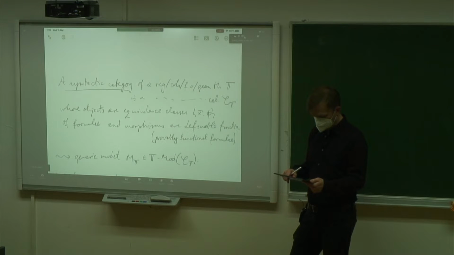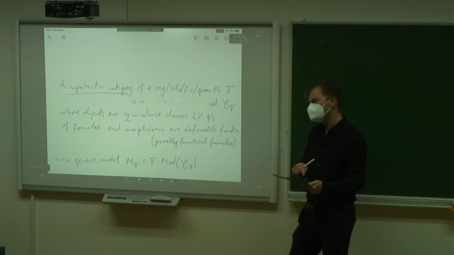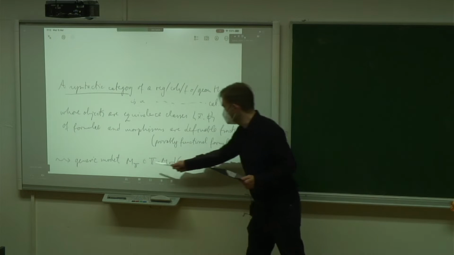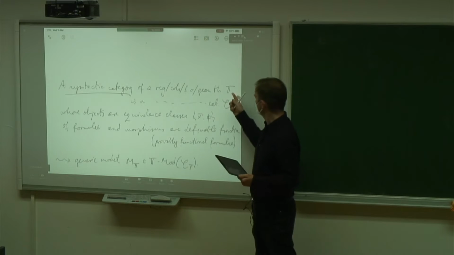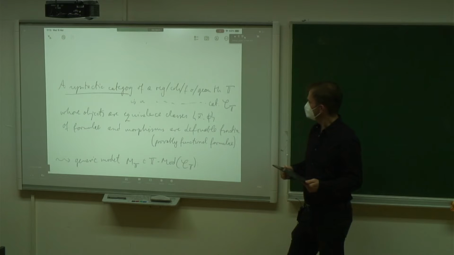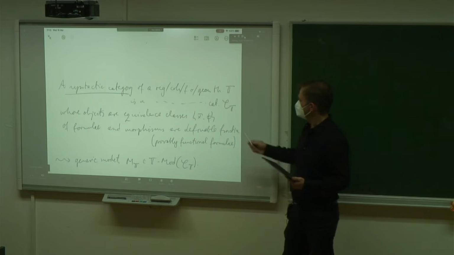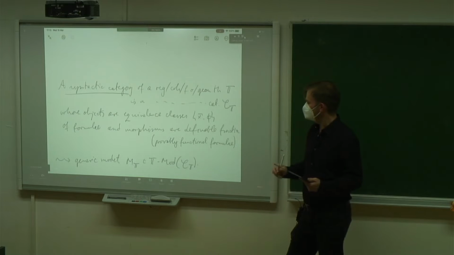And then inside it, you can define in a rather tautological way the generic model M sub T of T. Because you simply take the sequent of T and look at the corresponding equivalence classes, and these give you, in a rather tautological way, a generic model.